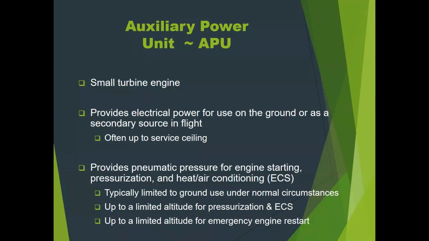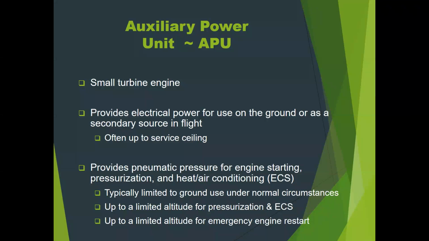And so for pneumatic, though, oftentimes there's a limit to how high the airplane can be flying to use it as a pneumatic supply. If it does have to be used as a pneumatic supply, we did have instances where a bleed system off of one of the engines wasn't working, and the APU would be used as a secondary.